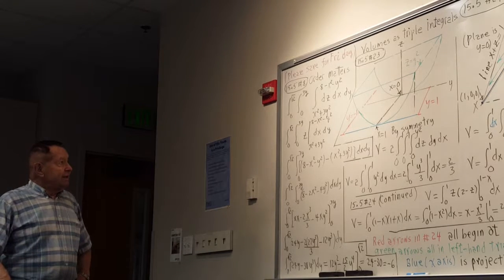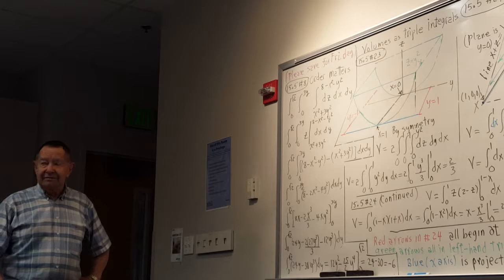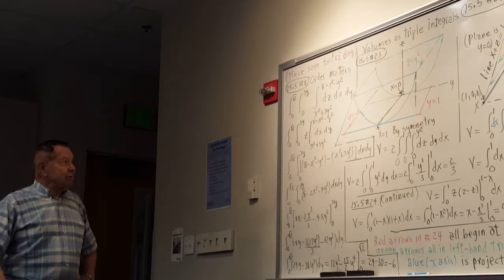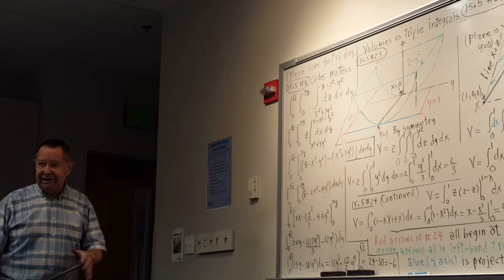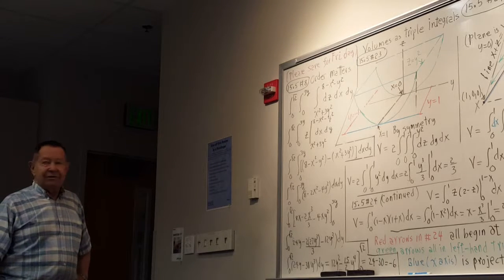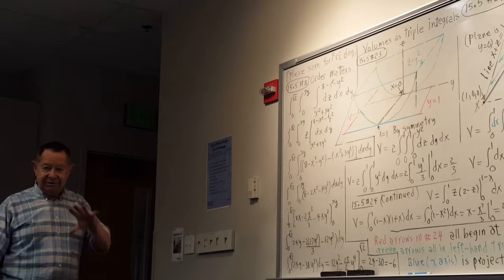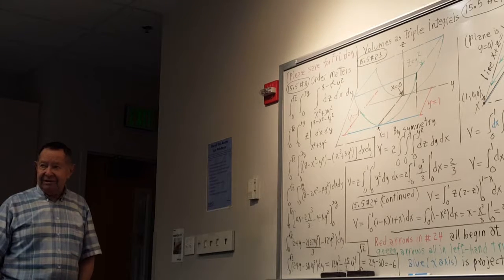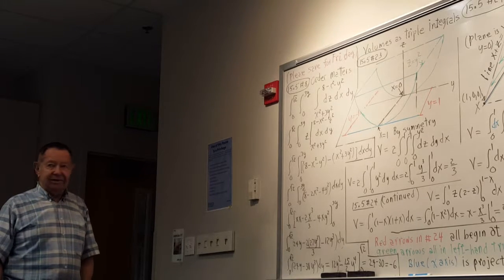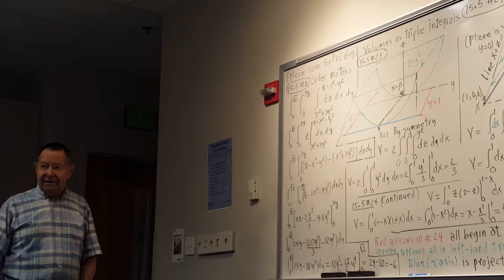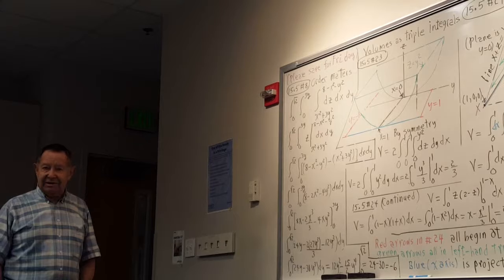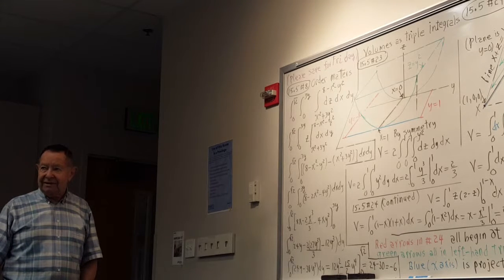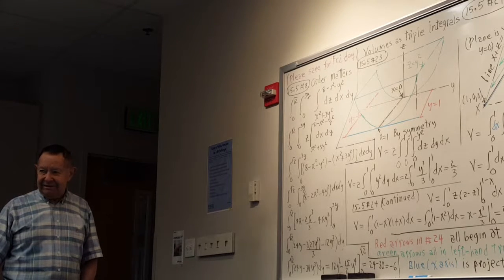So if you have triple integrals with dx, dy, and dz, Cartesian, and if you have a box so that you have constant limits, then in theory the order wouldn't matter. You'd have 3 factorial, which is 6 possible ways you could take dx, dy, and dz.